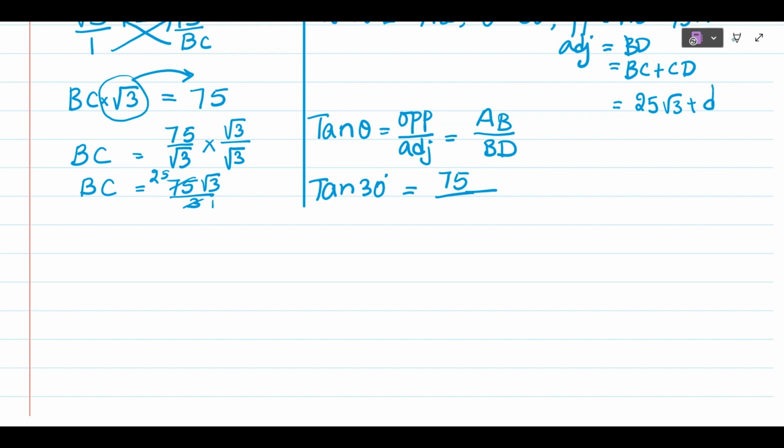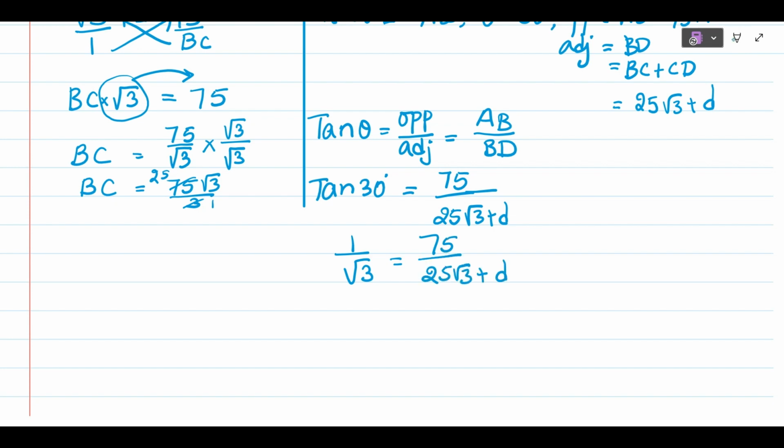We know that tan theta is equal to opposite side by adjacent side, that is AB by BD, and tan 30 will be equal to 75 by BD, which is 25 root 3 plus d. We know the value of tan 30 degrees, that is 1 by root 3, that will be equal to 75 by 25 root 3 plus d.